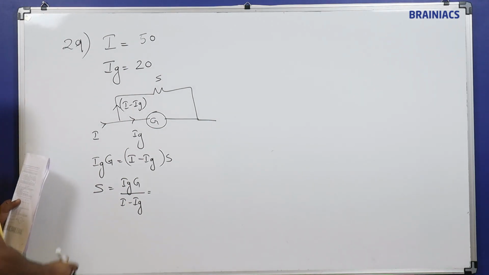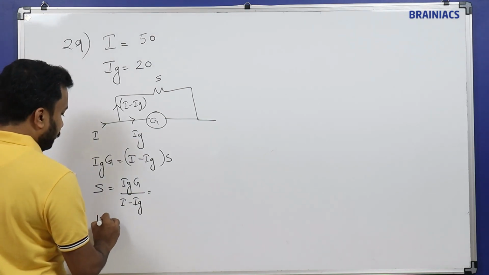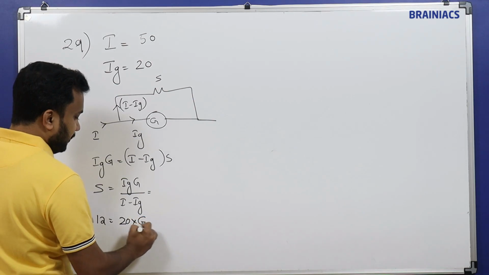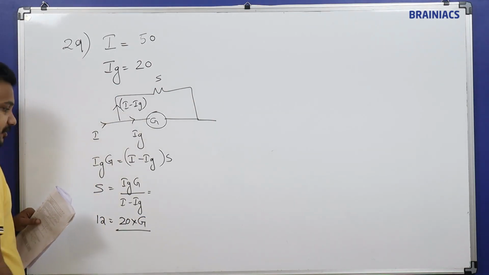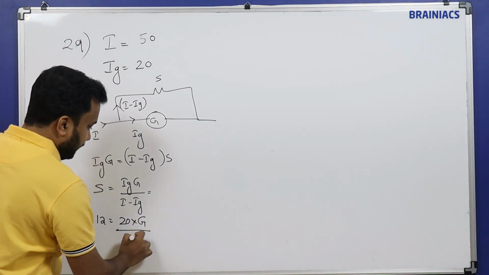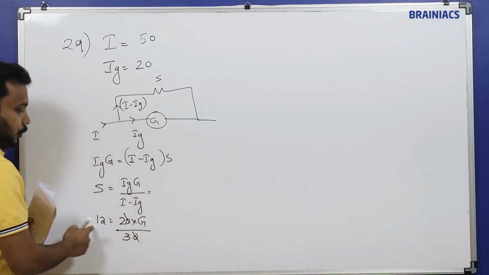12 ohm shunt is connected, so S equals 12, Ig is 20, and G is to be found. I minus Ig is 50 minus 20, which is 30. The zeros cancel, so 12 into 3.